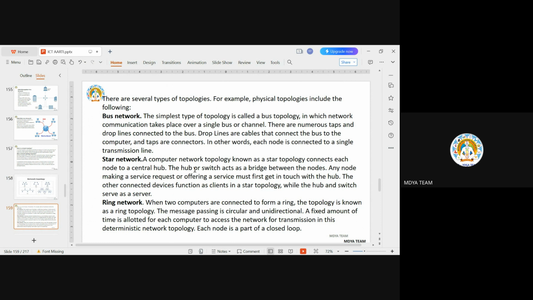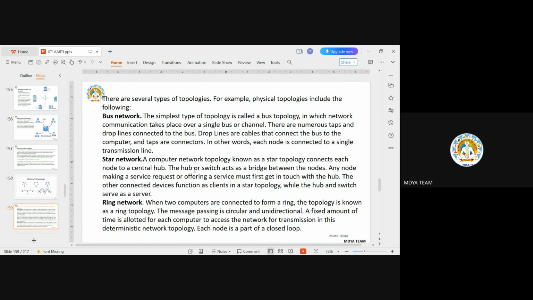The hub works like a bridge because it is connecting all PCs with each other. Any node making a service request or offering a service must first get in touch with the hub.